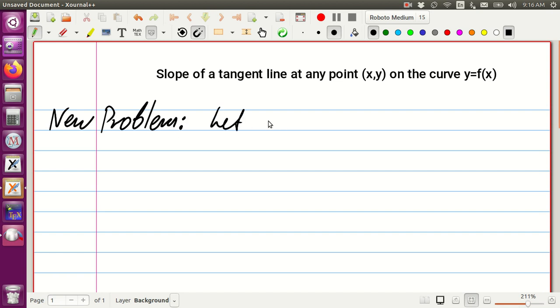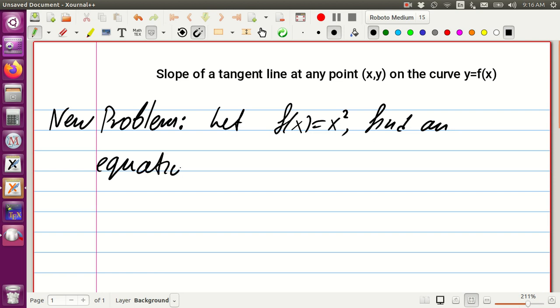Let f of x be equal to x squared like before. We have to find an equation, but as you remember, finding an equation is pretty much the same as finding the slope, right? Because if we know the slope, we know the equation.